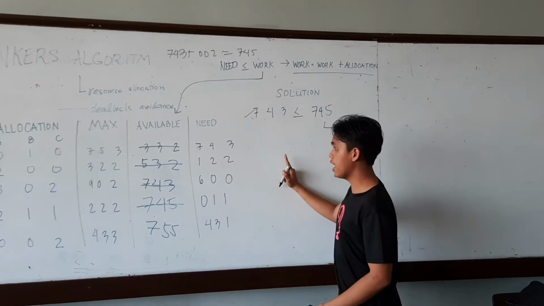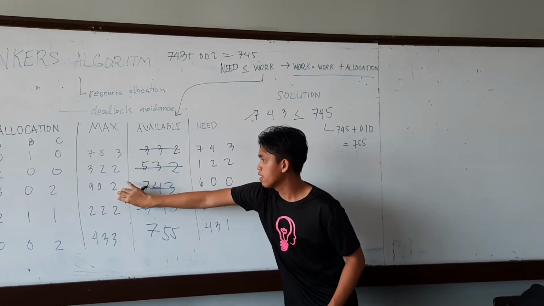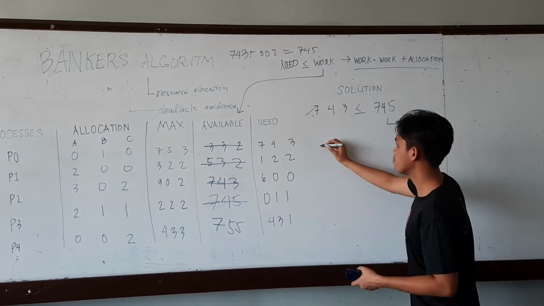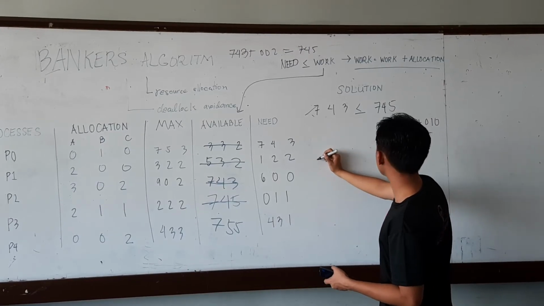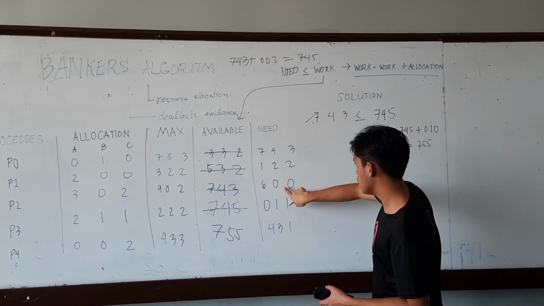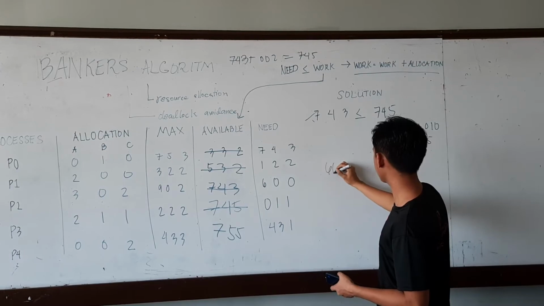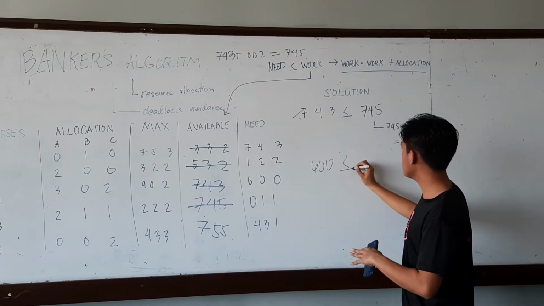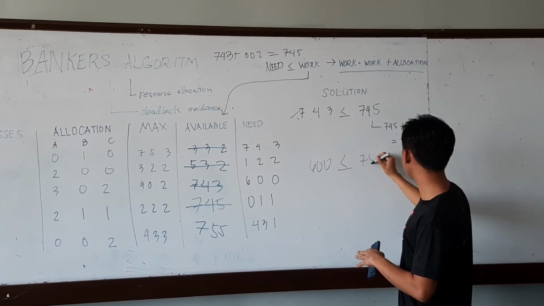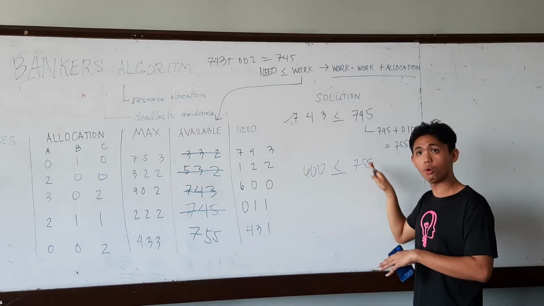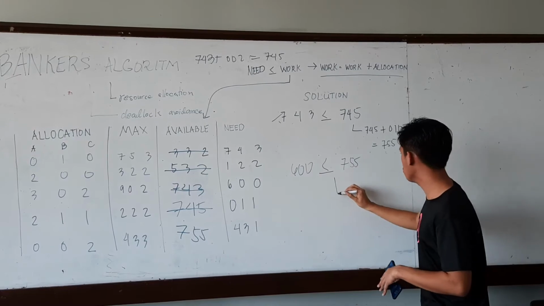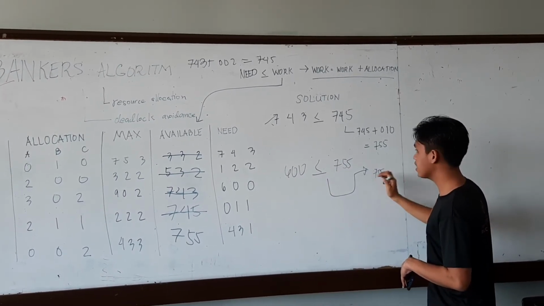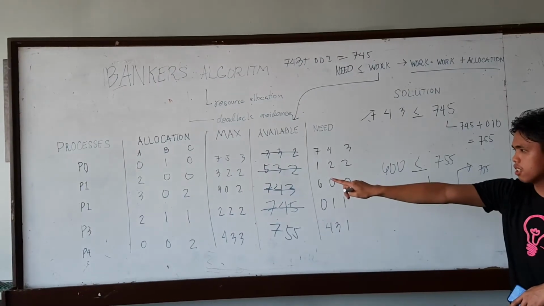Now let's go to the second process, P2, wherein its need is 600. Since 600 is less than or equal to 755, the new available value or the work itself, and it's true, we use the formula as usual: 755 plus the allocation, which is 302.